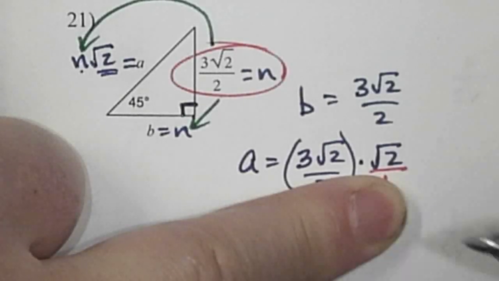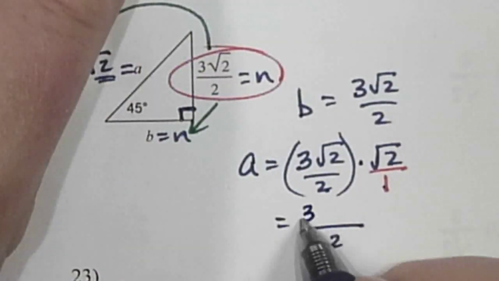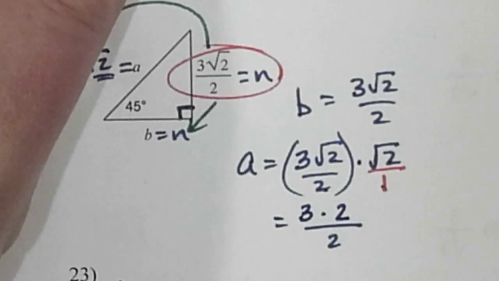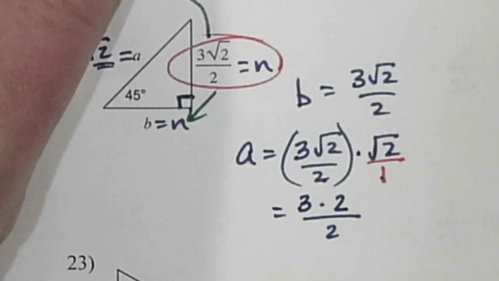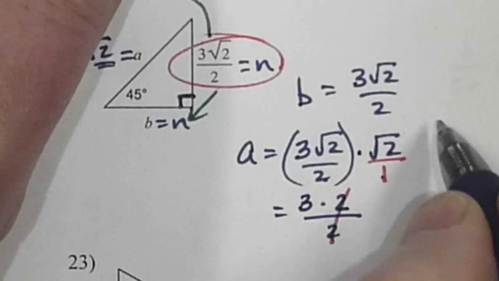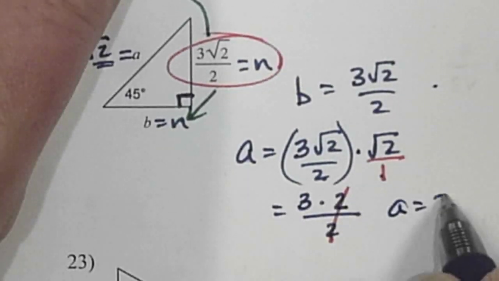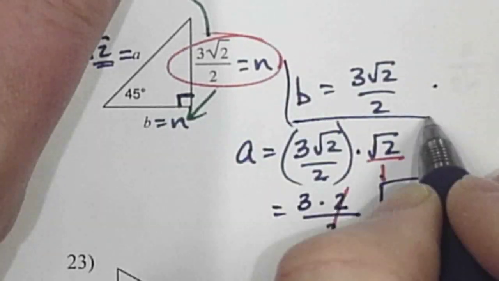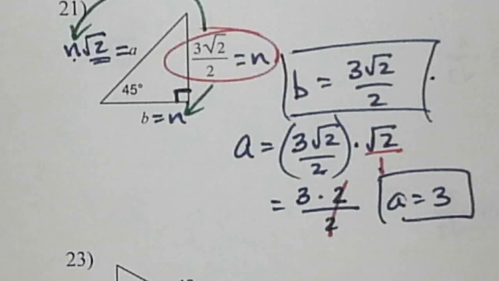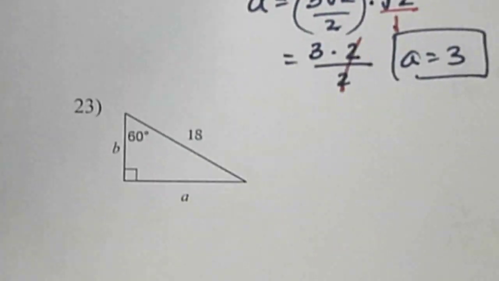Anytime a square root times itself, that's just the number. So I have the 3 on the outside, and then square root 2 times square root 2 is 2. So now I really have 6 over 2, but I can see the 2's cancel, so a is 3. So b was easy. a, I had to do some work. Multiply things out.